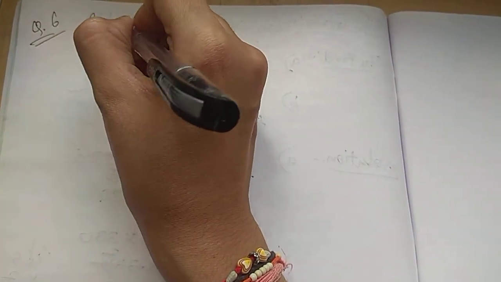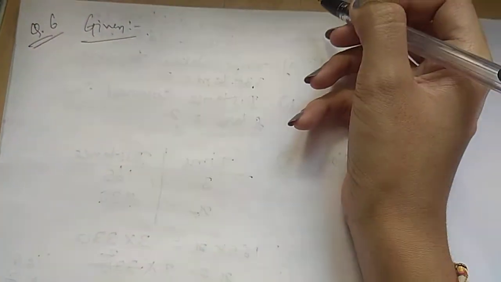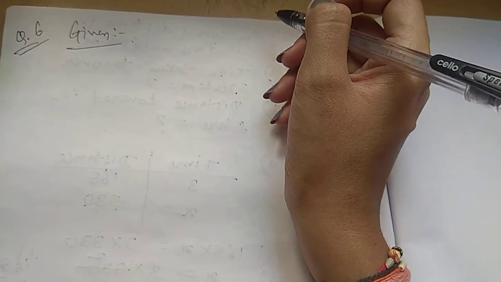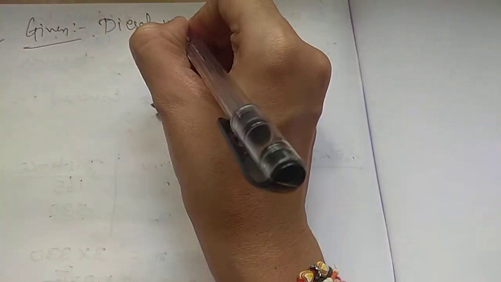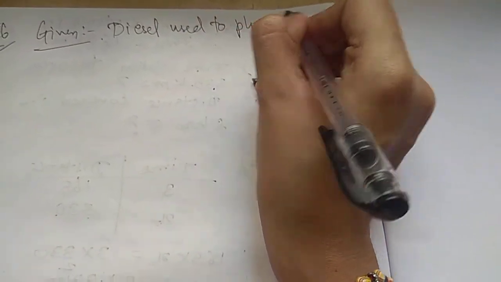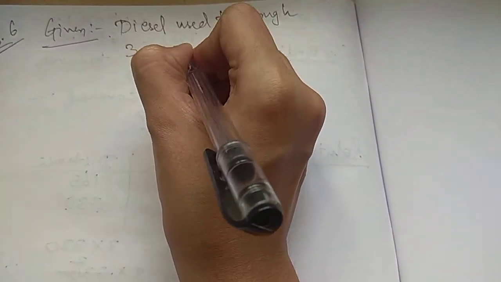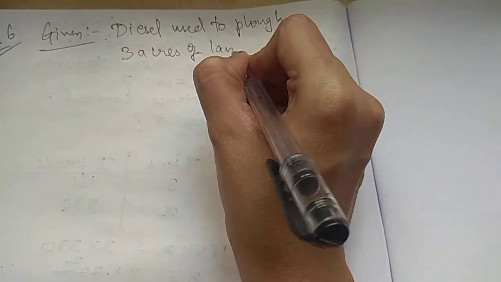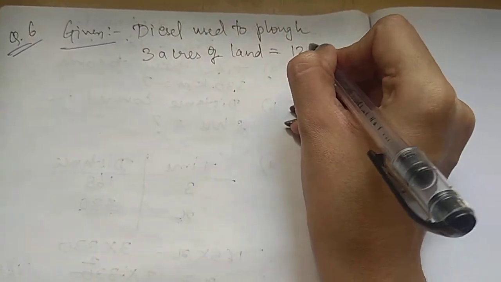Given: diesel used to plow 3 acres of land. How much diesel is used? 12 liters.